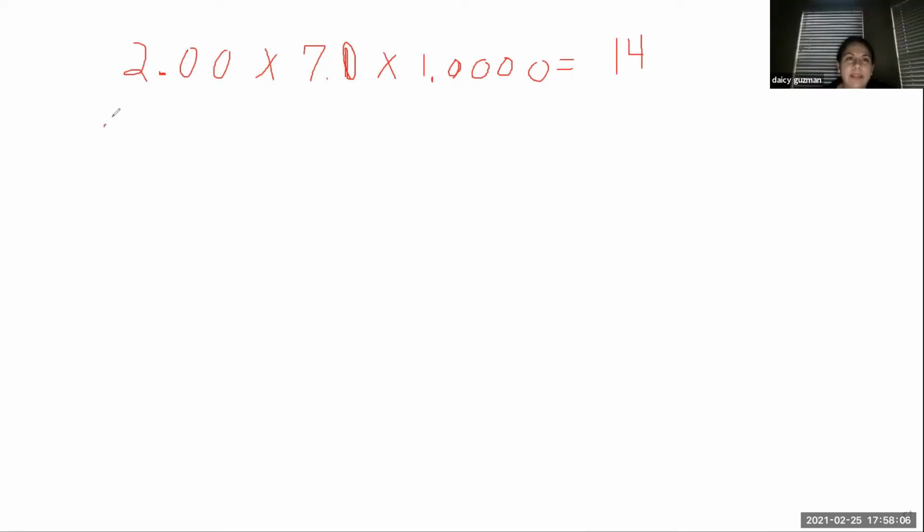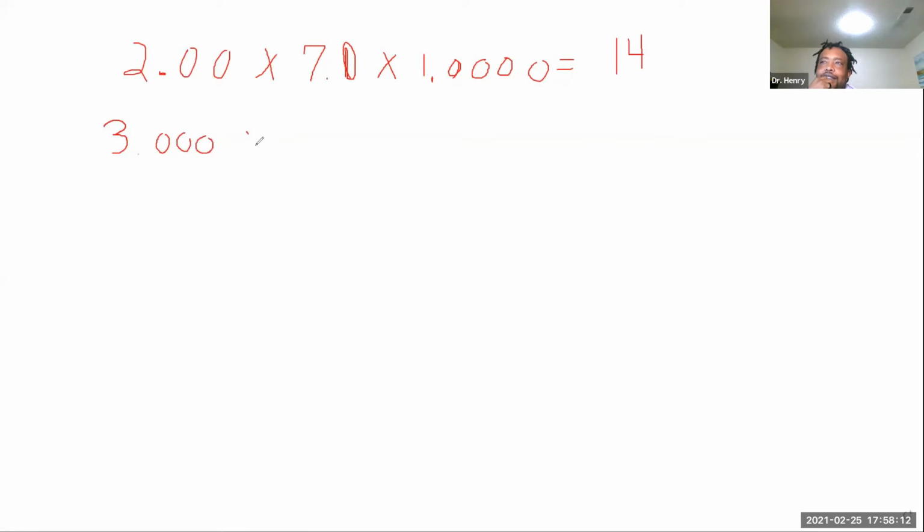Okay, can you go over it again? You lost me. Okay. So let's say we have 3.000 times 2.00000 times 5.